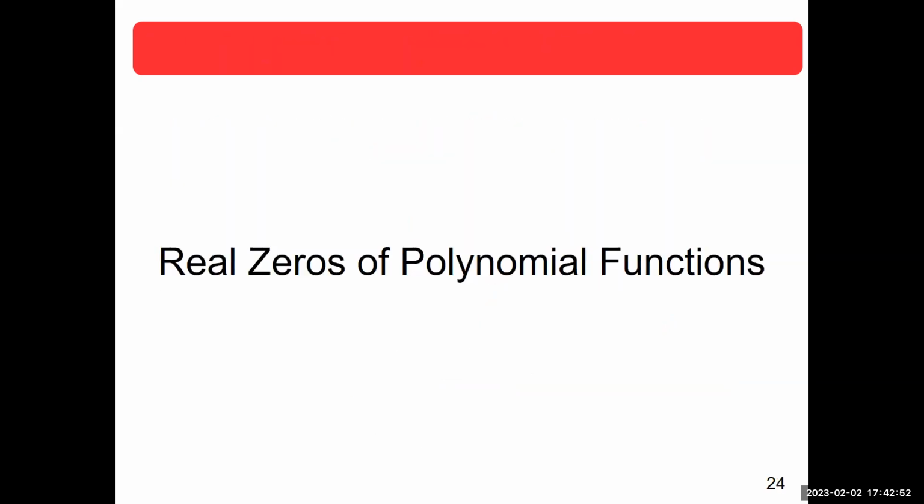Real zeros of polynomials. Well, we've been having x-intercepts, and then we call these zeros. Now they call them real zeros. I mean, it's the same thing. All of them are x-intercepts.